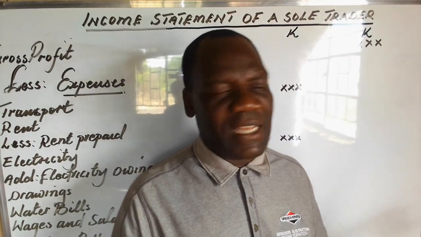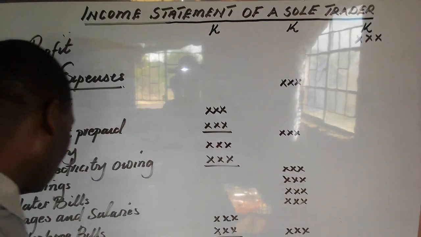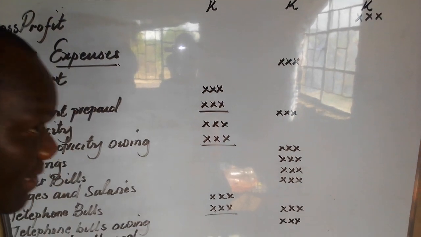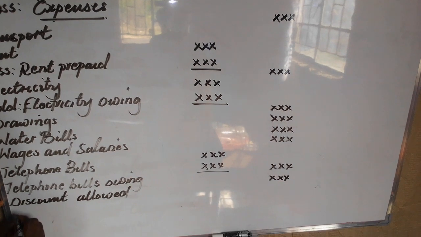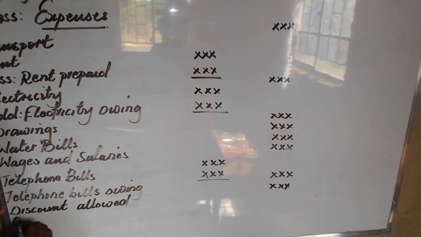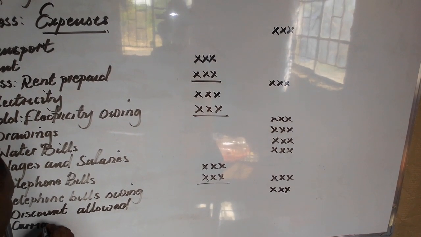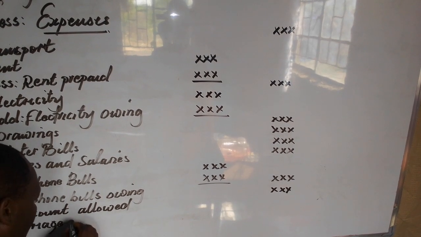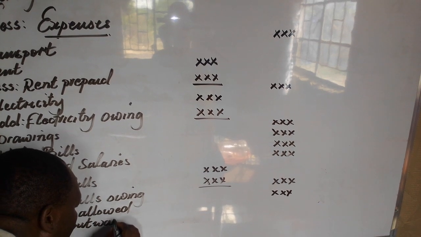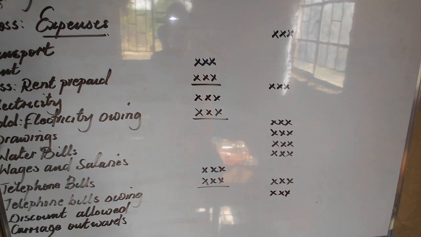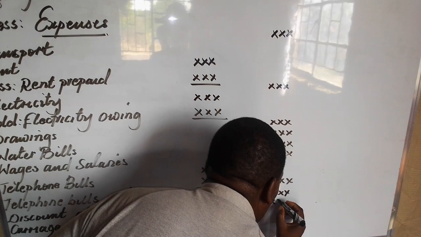Then you provided transport, which is carriage outwards. So it is an expense. It also comes there.